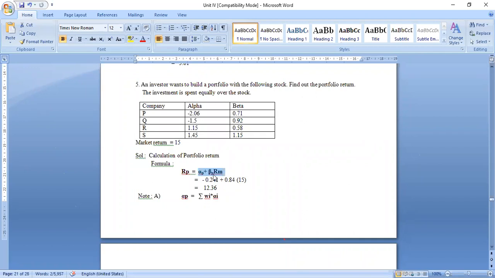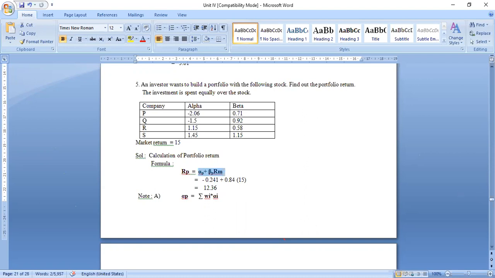So we need to calculate portfolio beta too. So we are going to come up with two working notes. One is for calculating the alpha value for individual securities, and the second one is the beta of the portfolio.